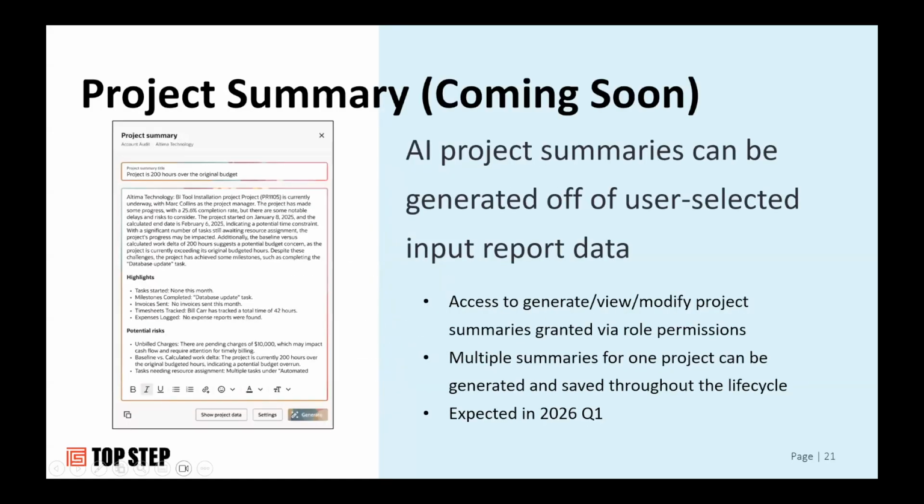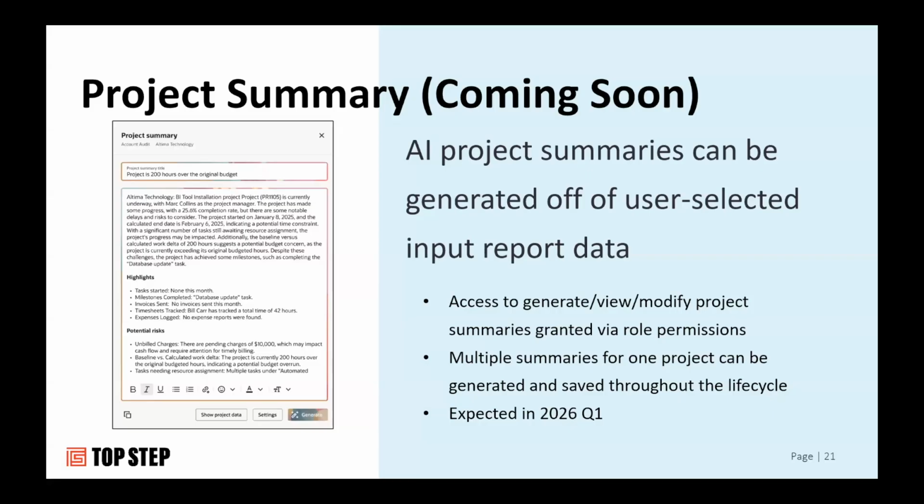Our last feature wasn't actually released in this last release, but we are being told it's the first injection of AI into SuiteProjects Pro. This is for automatically generating project summaries, being able to ask what the risks in my project are, what my project is doing, and what some of the highlights are.